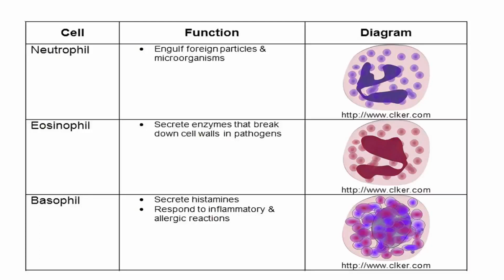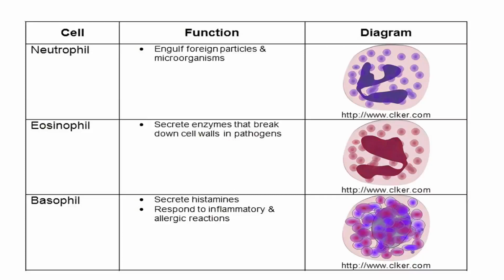The neutrophils have a many-lobed nucleus and are neutral, whereas eosinophils have acidic granules and are responsible for breaking the walls of the parasite. So whenever a parasitic or helminthic infection is there, the number of eosinophils is increased.